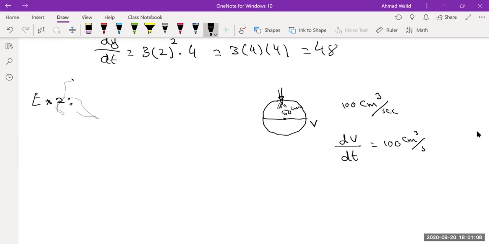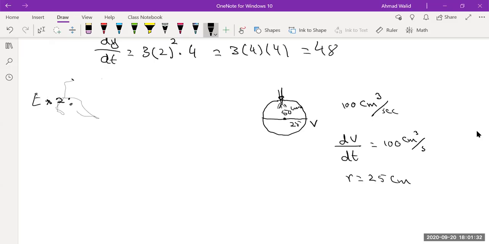We don't need diameter, we need radius. Half of 50 gives us 25. It means the radius of the sphere is 25 centimeters. How fast is the rate of change in radius? You see, when you are pumping a balloon, the radius is changing. The radius is increasing.